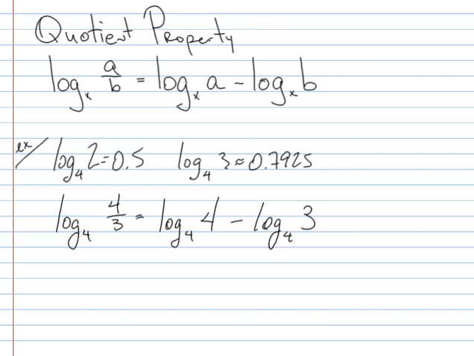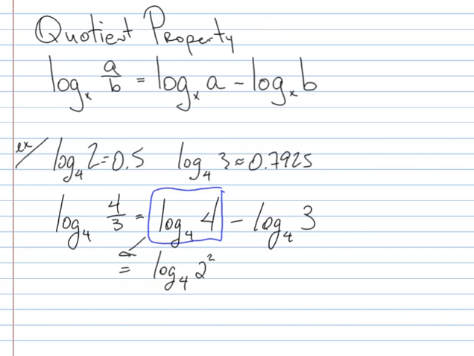Well, the 4 is not going to work for me because I don't have anything that goes with that, but I can change this to the log base 4 of 2 to the second power. Or if I did remember, hey, if I have log base 4 and a 4 there, those things are the same as 1. So I could do this right here, or I could do this one.